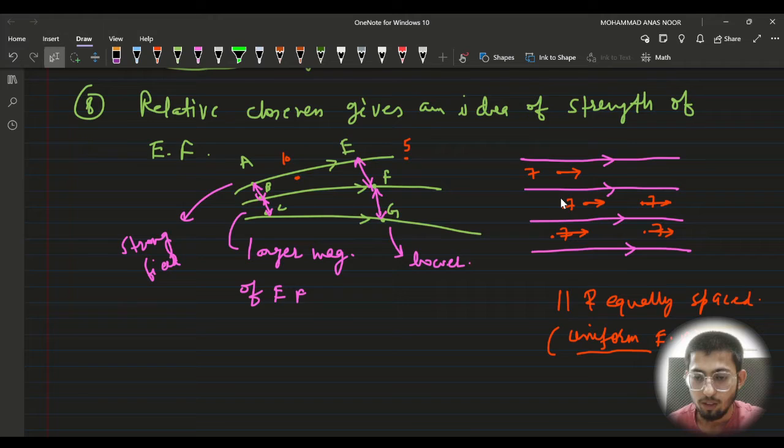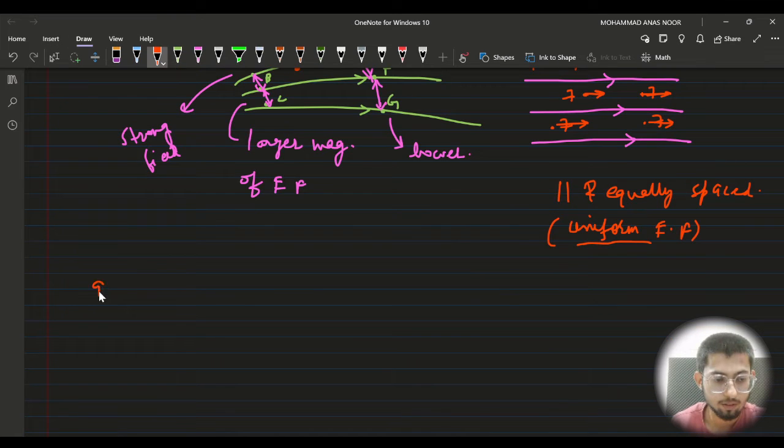And the ninth one is that electric field lines do not pass through a conductor.